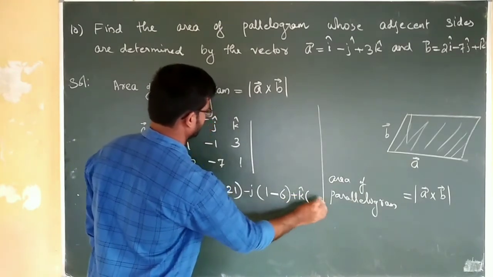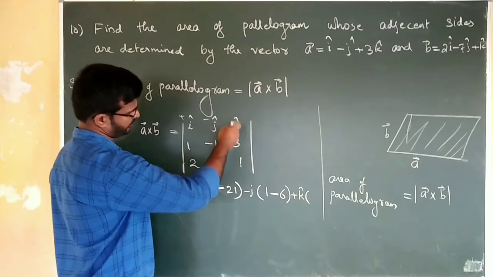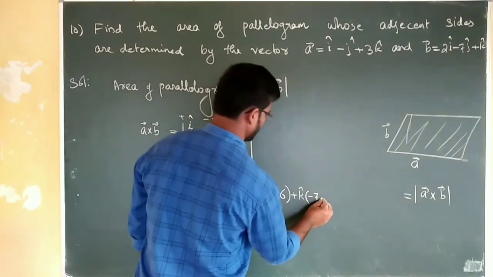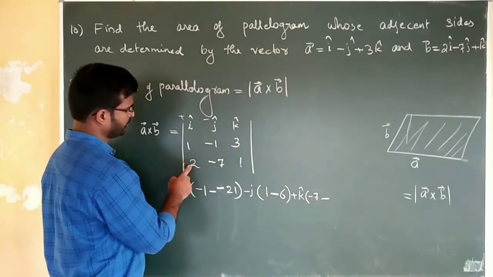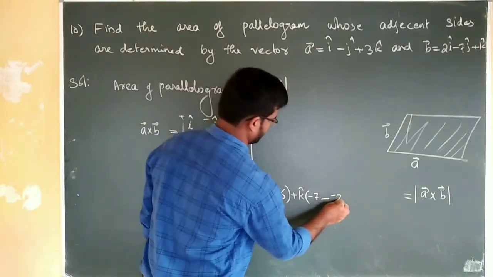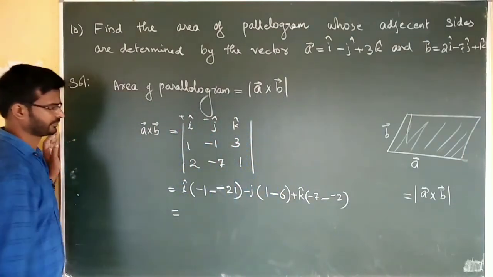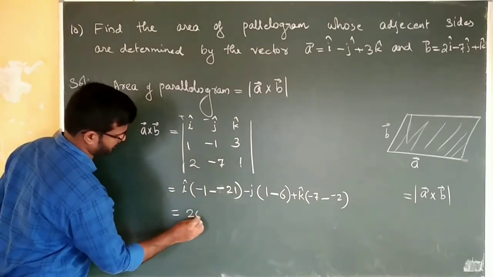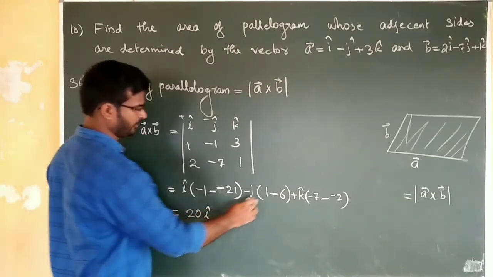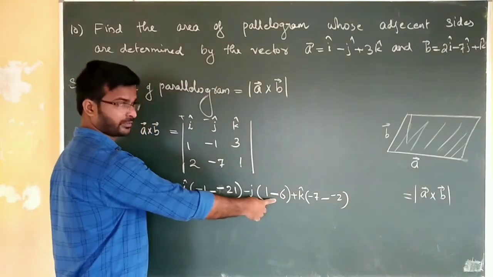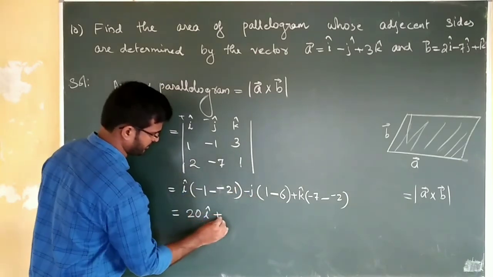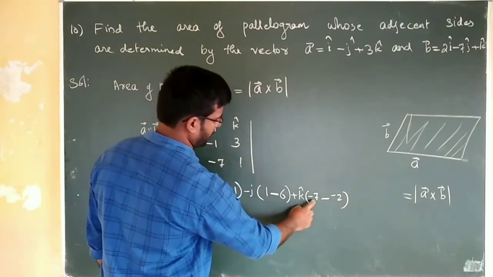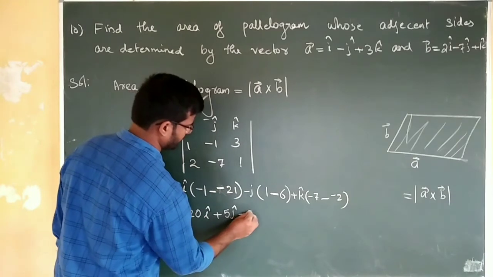Then last plus k vector, first row, last column, leaving it: 1 into minus 7 is minus 7, then 1 minus 2 into minus 1 is plus 2. Equal to minus into minus plus 21 minus 1, that is 20i. Then 1 minus 6 is minus 5, so we get minus 5 into minus j, that is plus 5j. Then minus 7 plus 2 is minus 5k.